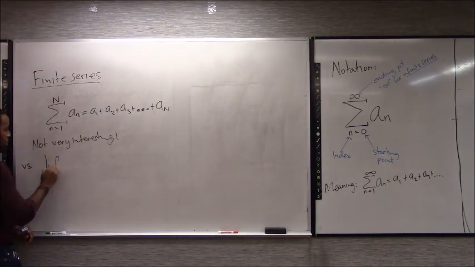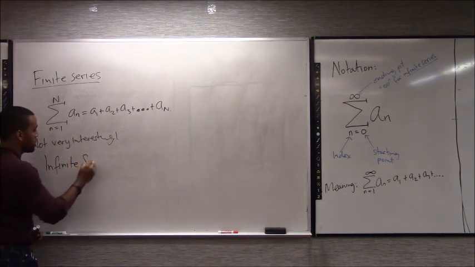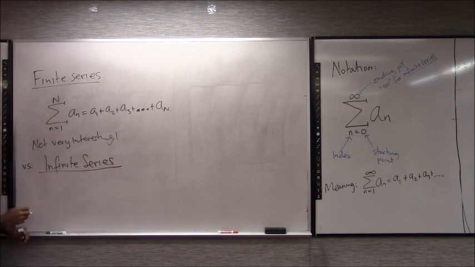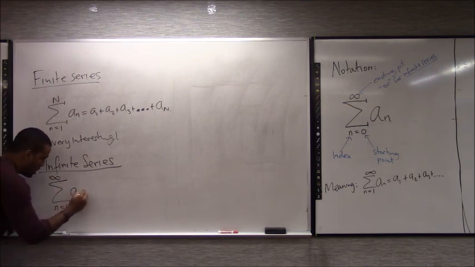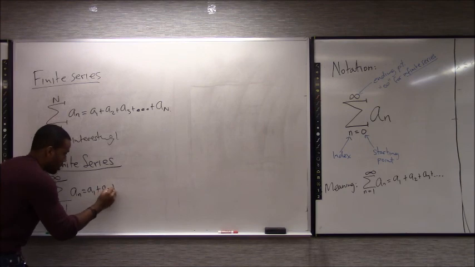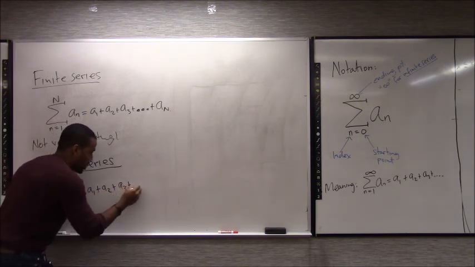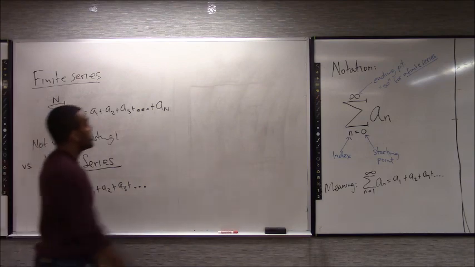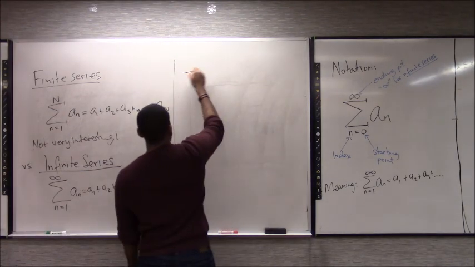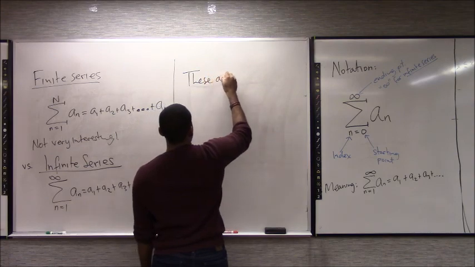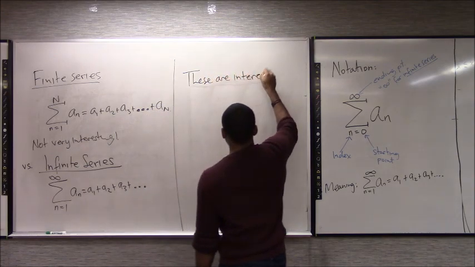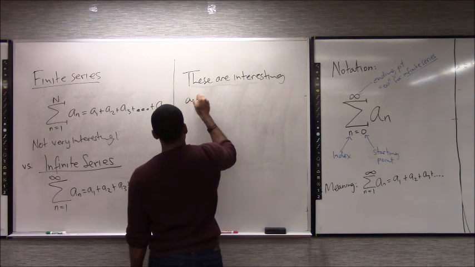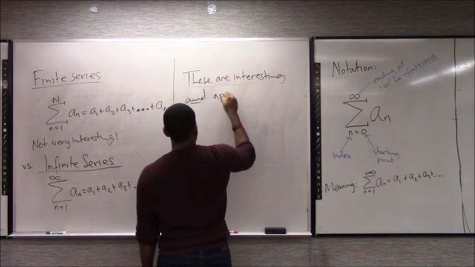Versus infinite series. These are the guys where they start at some point. This particular one starts at 1, and you just keep going. You keep adding forever. These are interesting. And applicable, very applicable.